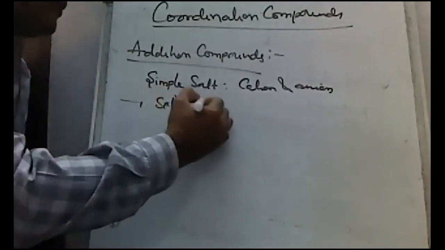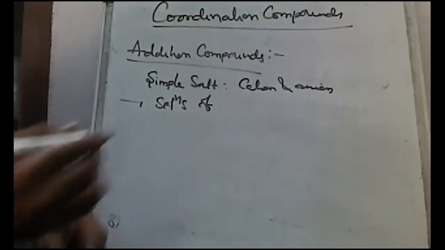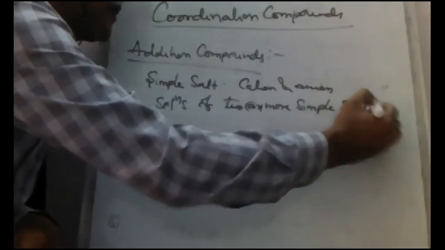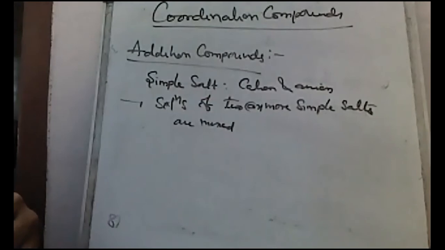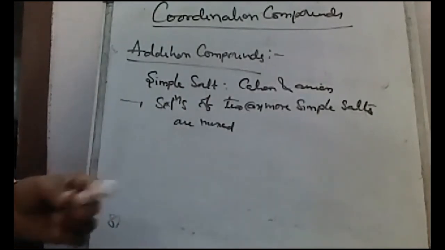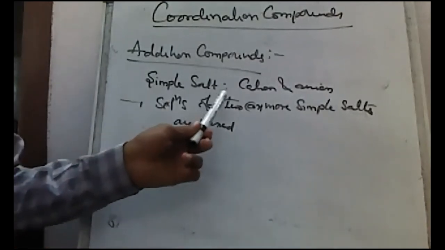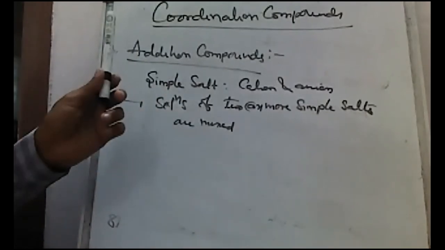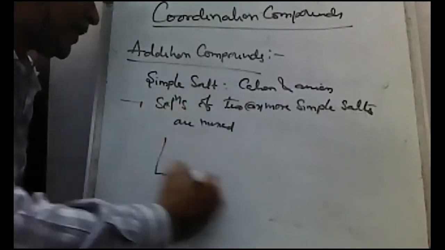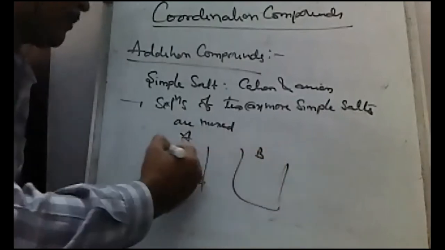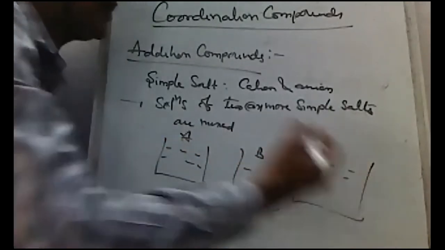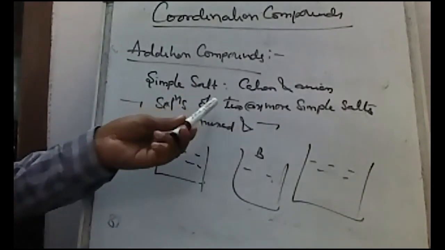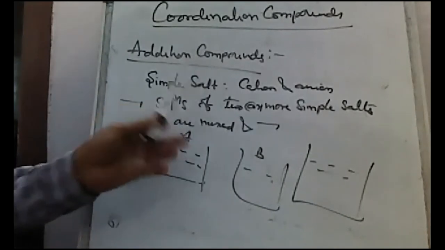When solutions of two or more simple stable salts are mixed together in simple molecular proportions, say I have taken two simple salts, A and B, and taken their aqueous solutions and mixed them, then the resultant solution is allowed to evaporate, and crystals of a new compound are obtained.